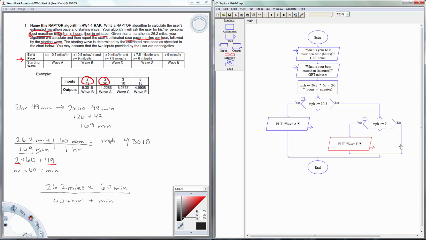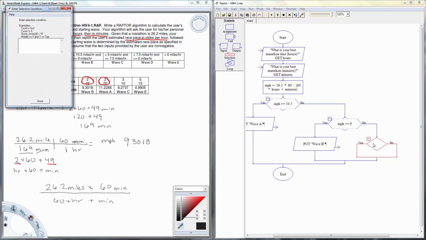We'll add another selection. And this time, if we're less than 9, but greater than or equal to 7.5.